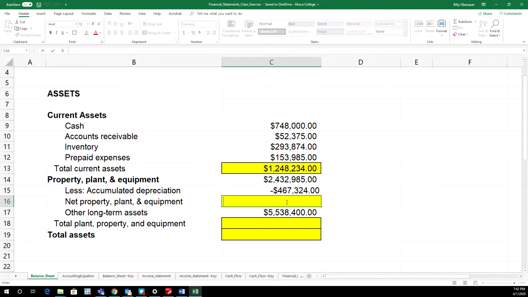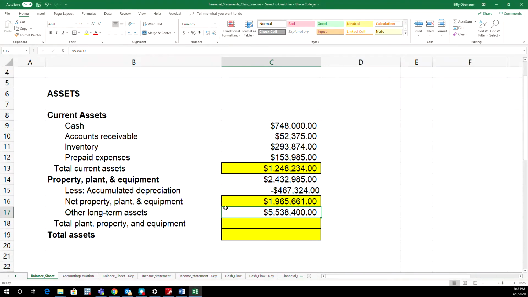So I'm going to go into this box and add my property, plant, and equipment to my accumulated depreciation. You can see that our net property, plant, and equipment is $1.9 million roughly, which is basically this $2.4 million minus this $400,000.